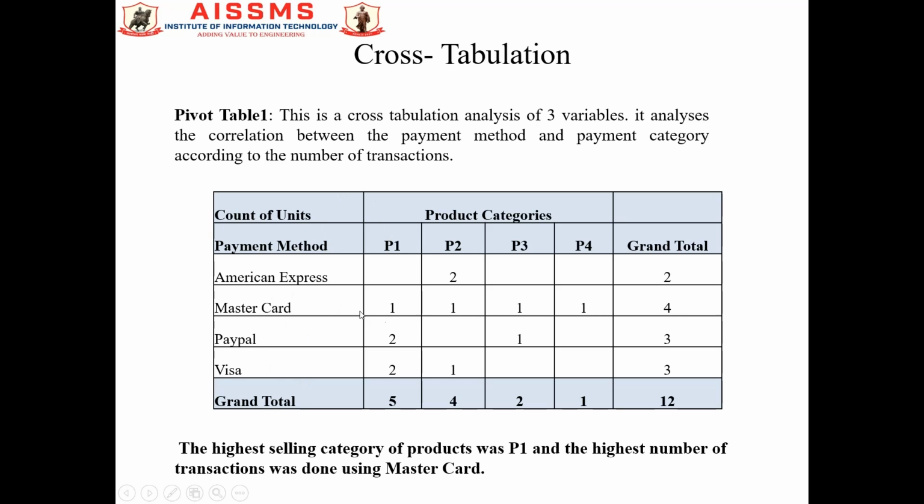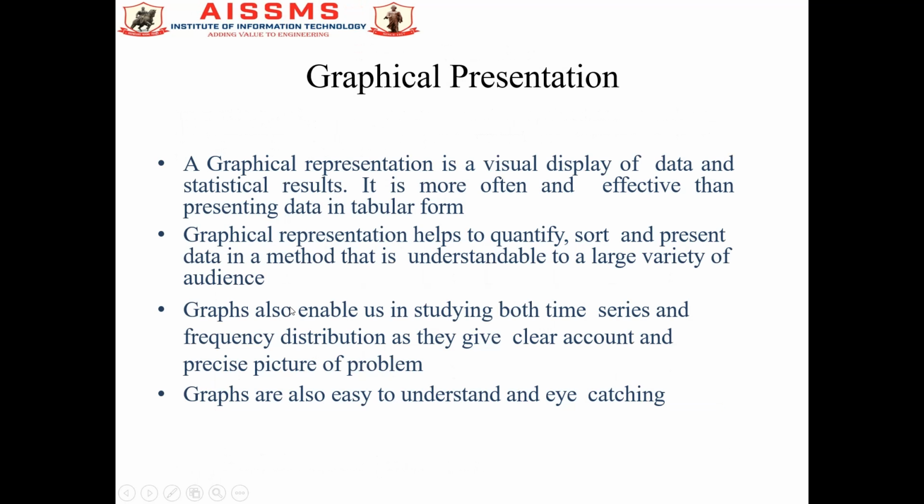Now in this case we have drawn the cross tabulation for these 3 variables: payment method, product category. So what information we can get? The highest selling category of product in P1, P2 or P3, and highest number of transactions which is done using the MasterCard. That information we can get from this pivot table.